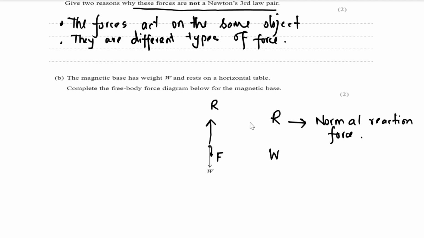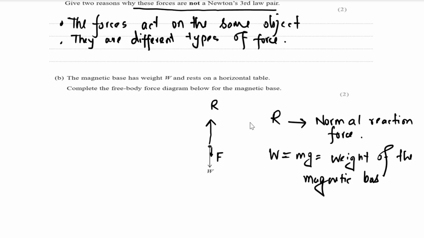And W is the weight, mg, the weight of the magnetic base, and F is the magnetic repulsive force.